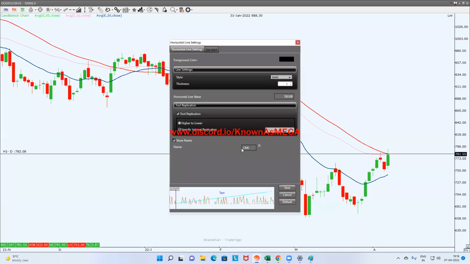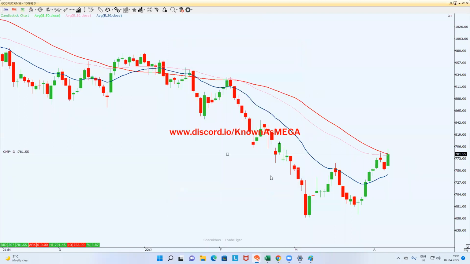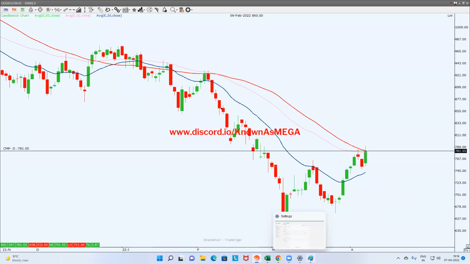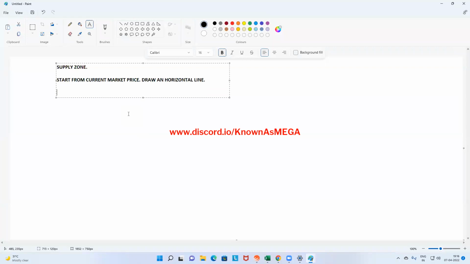It says CMP. 781.55. We have a very good move today. Godrej Consumer Products, one of the highly weighted stocks of the FMCG sector. So now we have marked the horizontal line. Now let's go and make rules of what next.